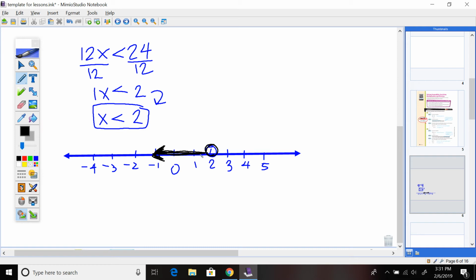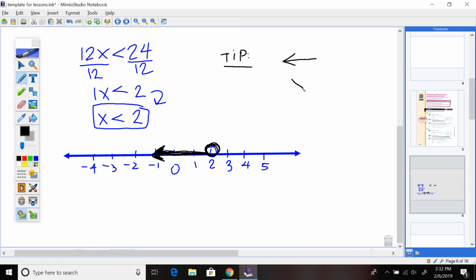A lot of students ask me, do I have to stop at a specific number on the arrow? I told them no, as long as you're indicating that you're going to the left. Okay, a little tip right here. If you forget how to draw the inequality, if you have the less than symbol, if you were to draw a line in the middle, it tells you what direction the arrow should go.